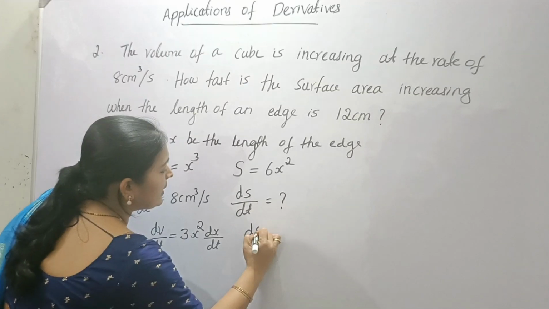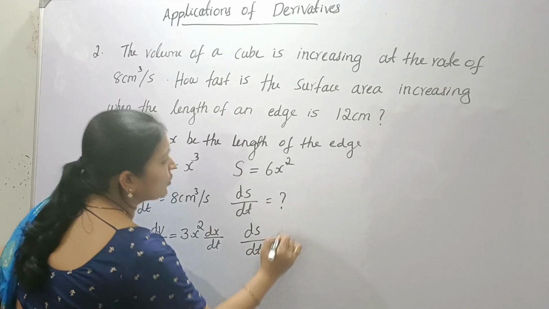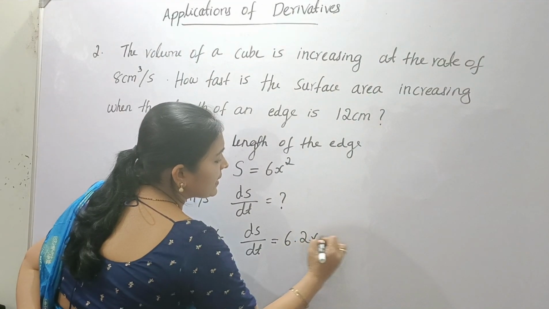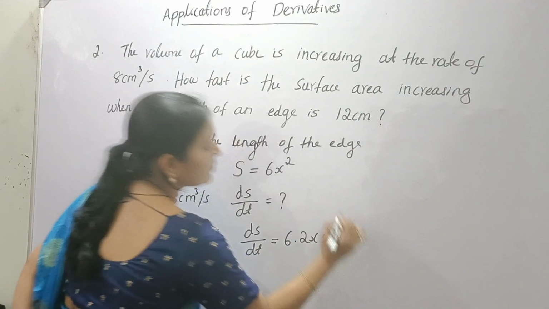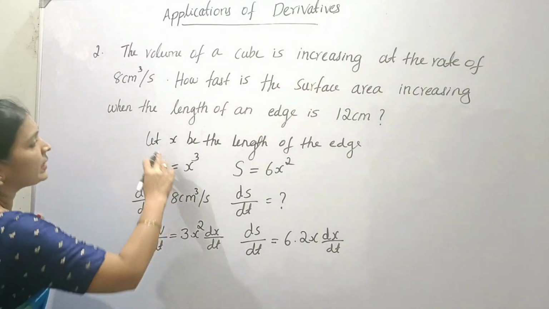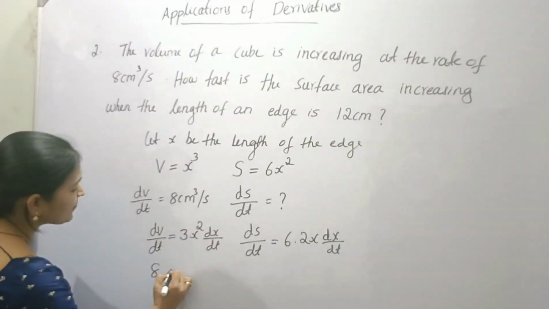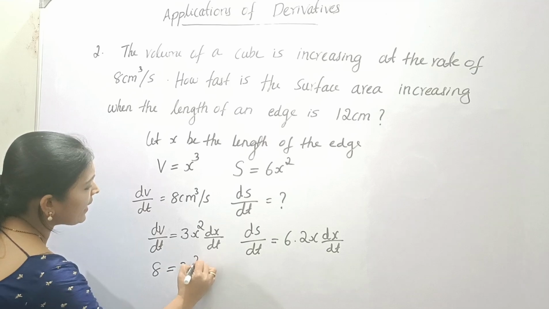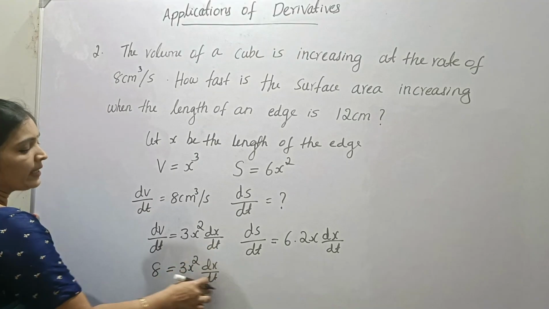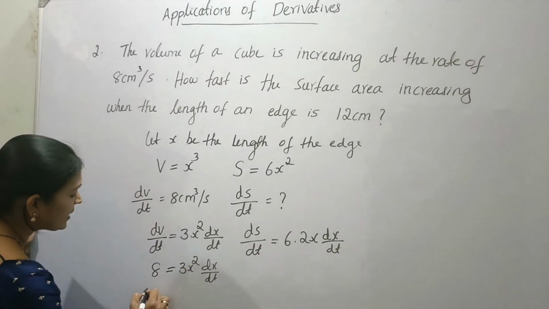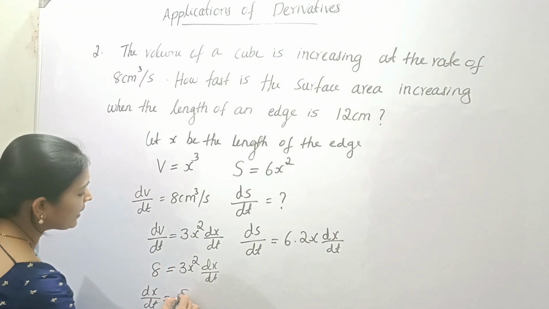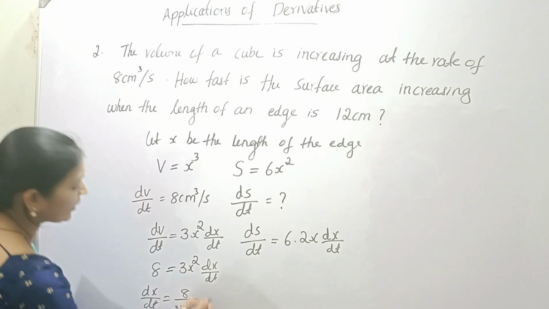Now next we will differentiate S, that is dS by dt is equal to 6 into 2x dx by dt. Now here, dV by dt is 8, so 8 is equal to 3x square dx by dt. Now we need this dx by dt, so dx by dt is equal to 8 divided by 3x square.